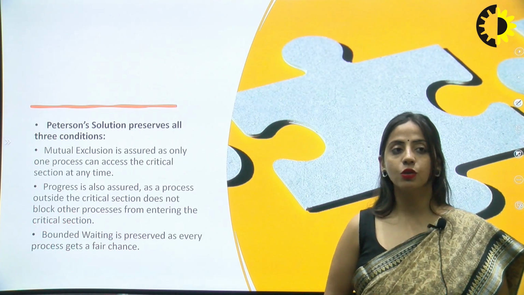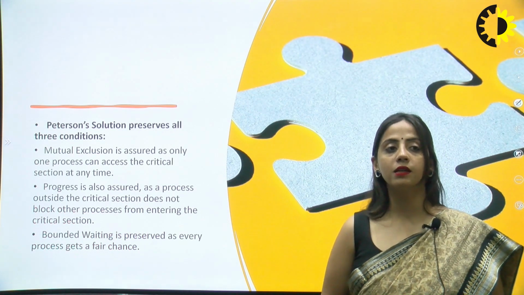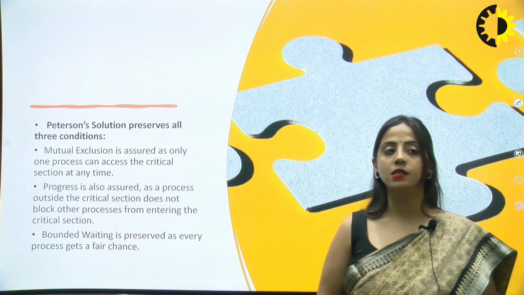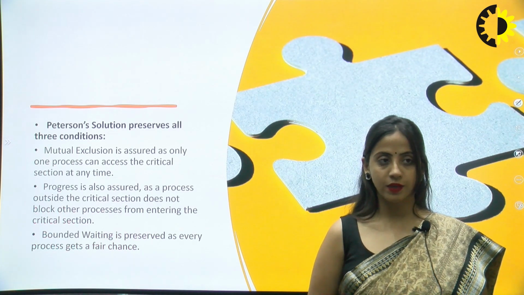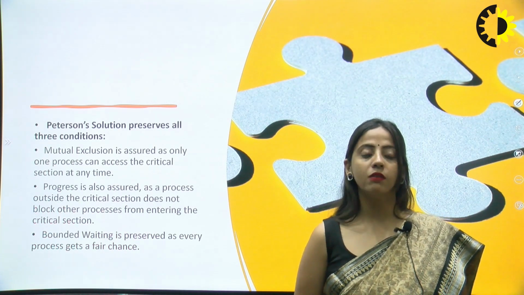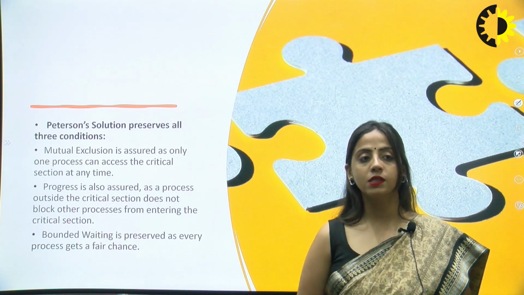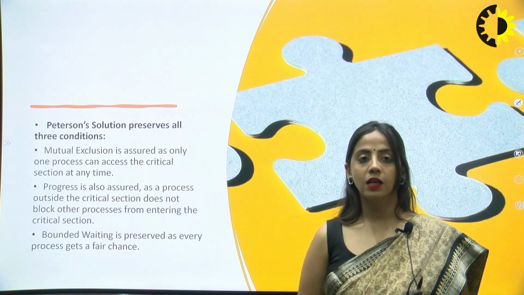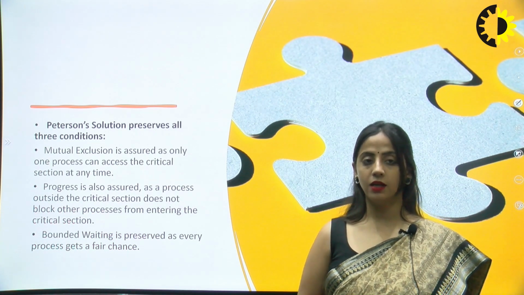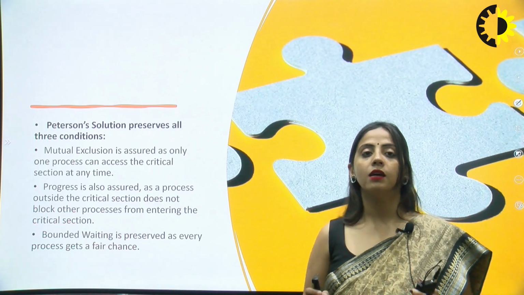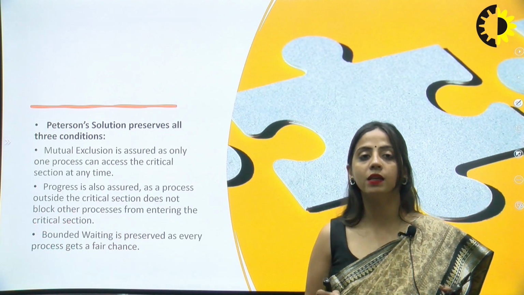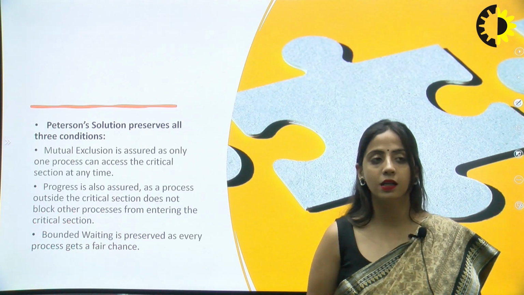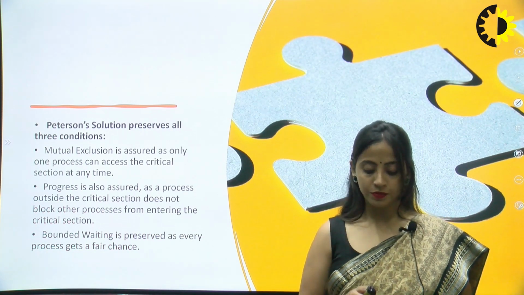Progress is also assured as a process outside the critical section does not block other processes from entering the critical section. Bounded waiting is preserved as every process gets a fair chance. Every process enters the critical section at a time, and it will remain there until it has been completely executed.